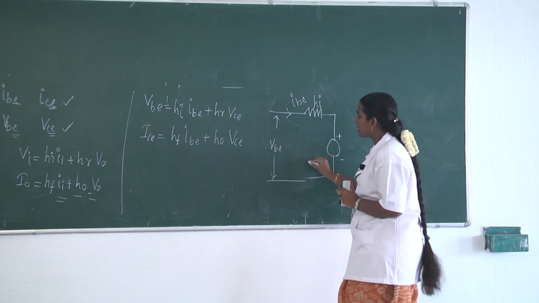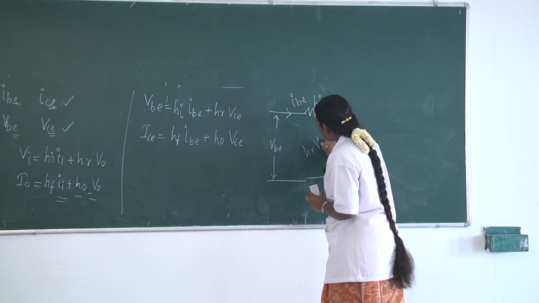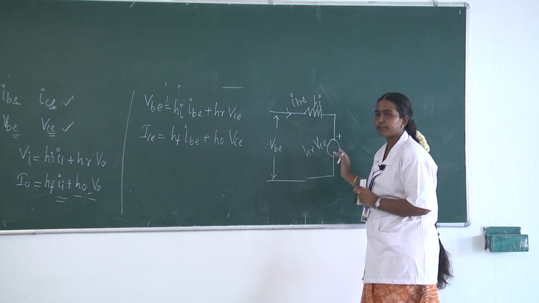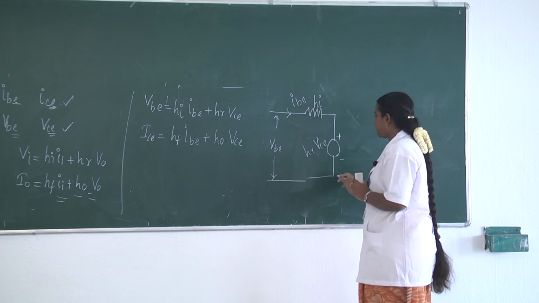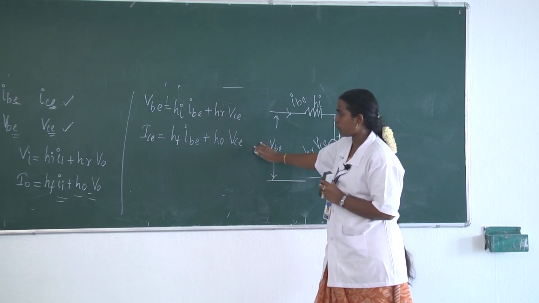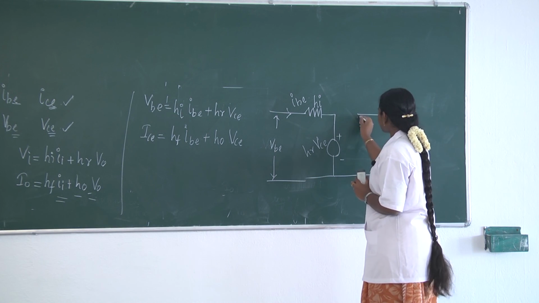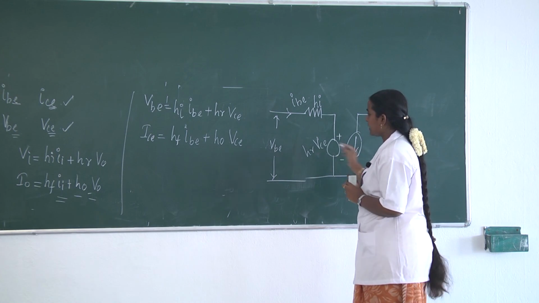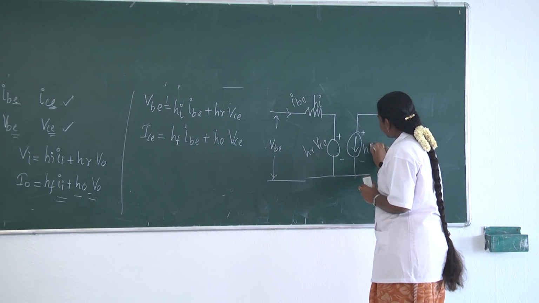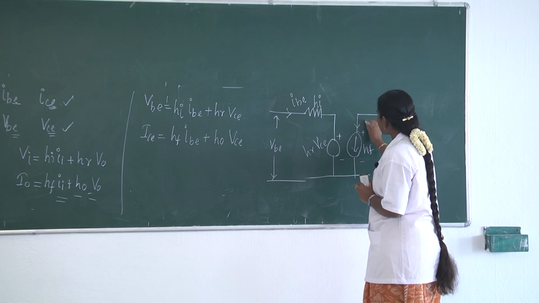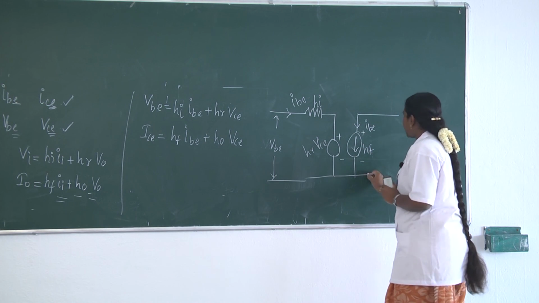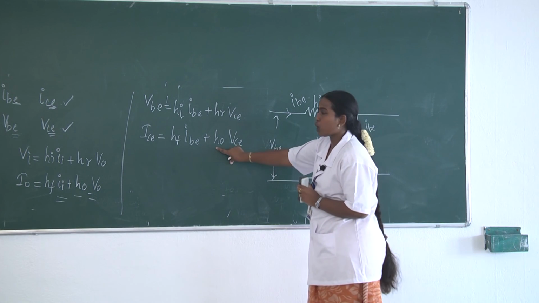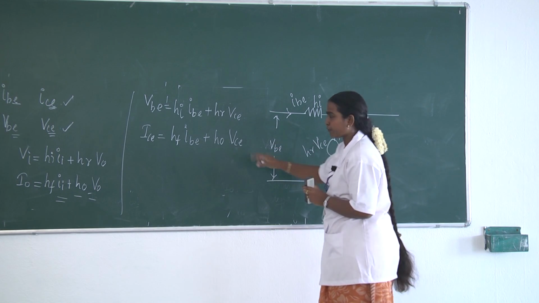We have hr into VCE, that is the output voltage is reflected back to the input side, and after that we have the second equation. We have the current generator here, which can be written as hf into the current that flows, IBE, and after that we have h0 into VCE. It is a reciprocal of resistance.